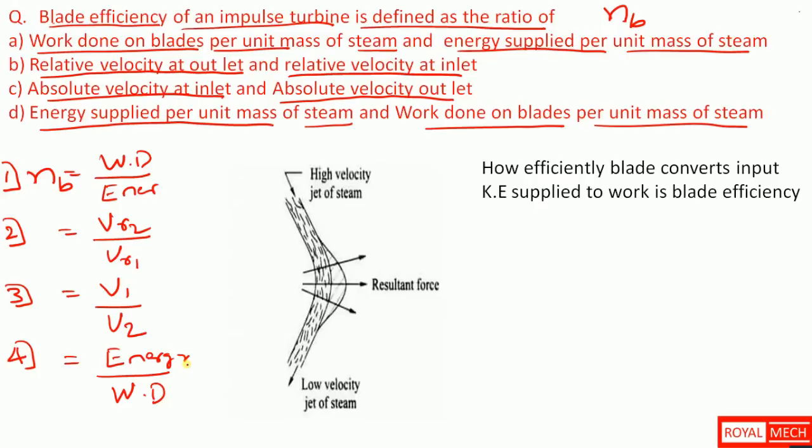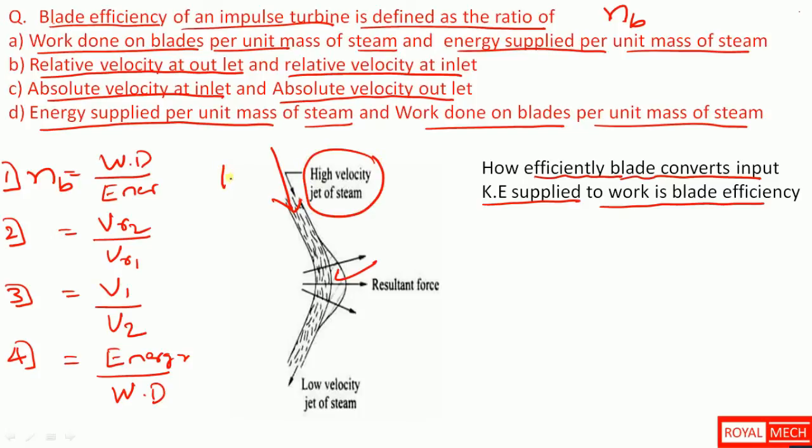So when we see the blade of an impulse turbine, the efficiency of the blade is how efficiently the blade converts the input kinetic energy supplied to work. So at inlet we have a high velocity jet of steam.